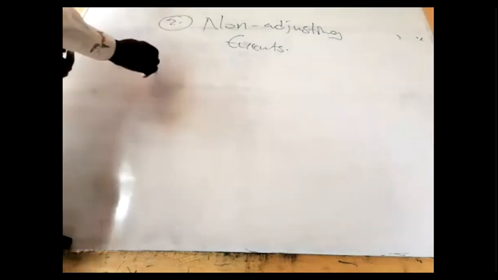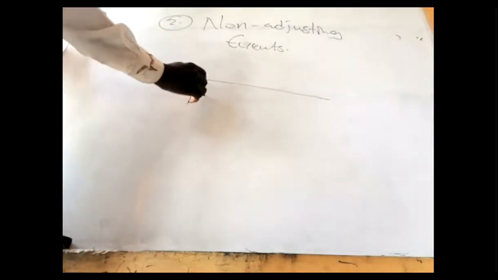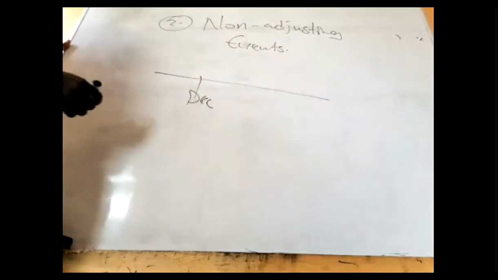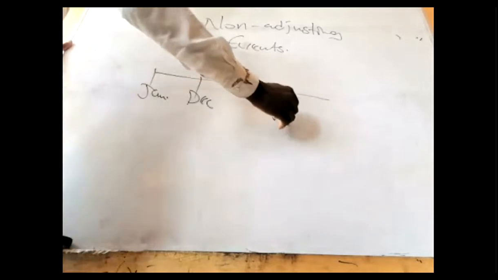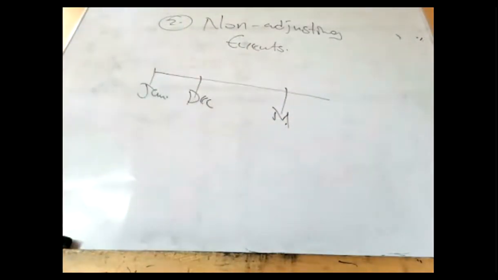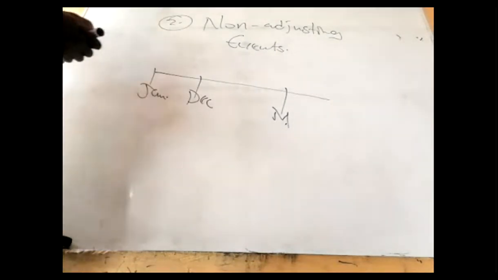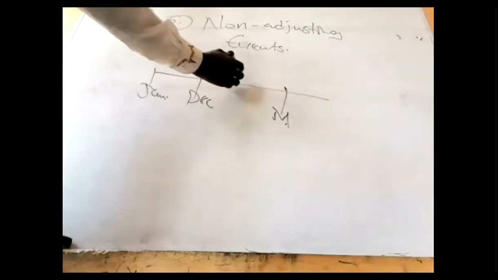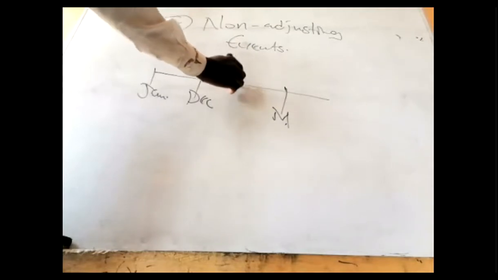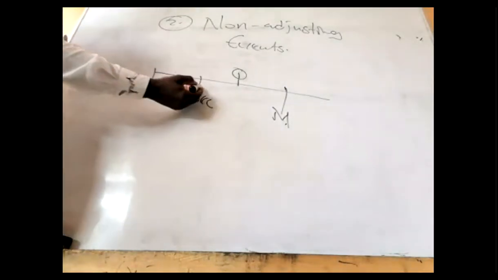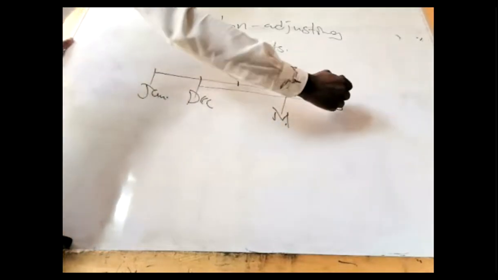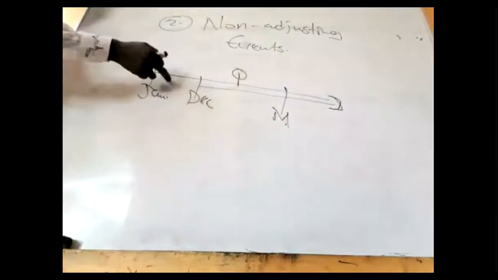If this is December, our reporting period, this is January, this is March, and a material transaction took place here, but it provides evidence that it exists after the reporting period, should you include it here?